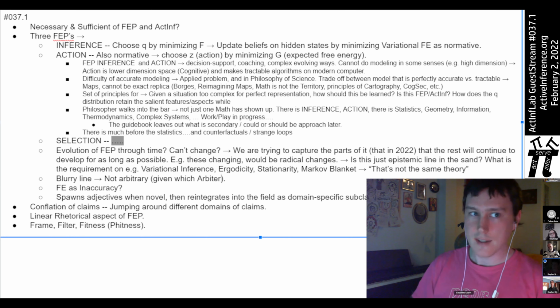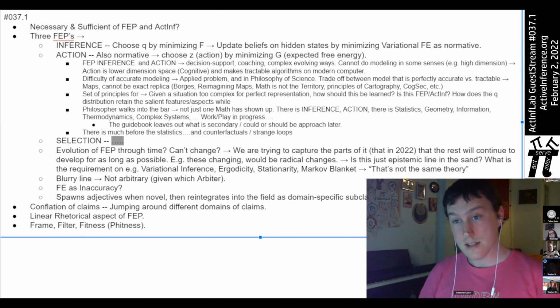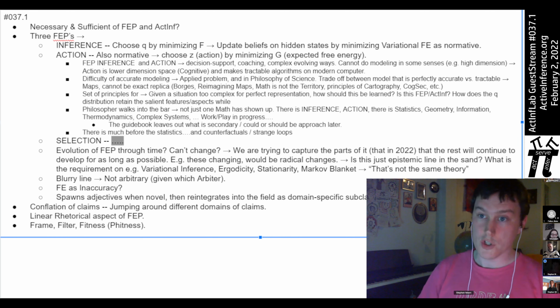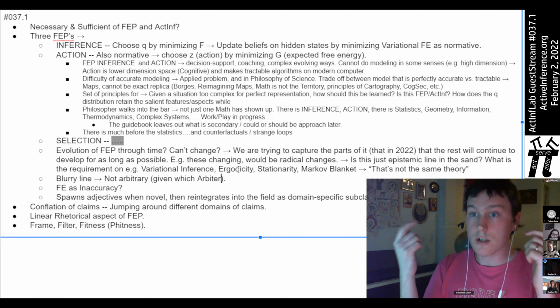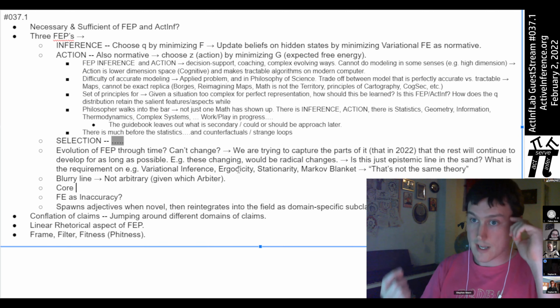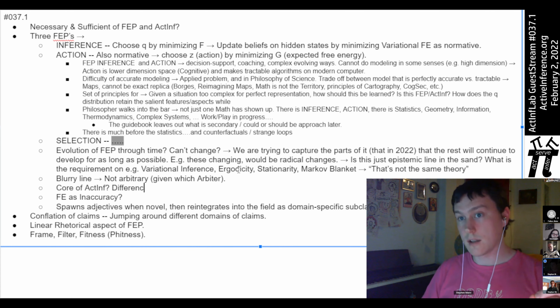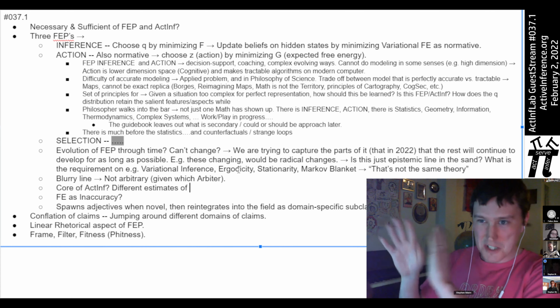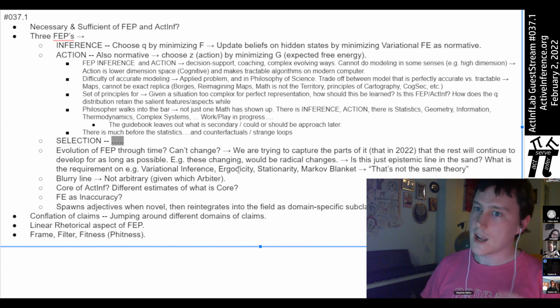I think a theory could not be that amorphous and still be treated seriously as a way of pursuing science. I think if you threw out minimizing variational free energy, or minimizing expected free energy, or some other of the core components, you would have to say, if you're being reasonable, and the word reasonable is doing a lot of work in this paragraph, okay, it's a different theory.